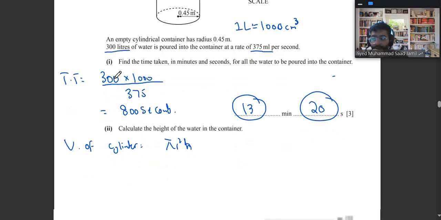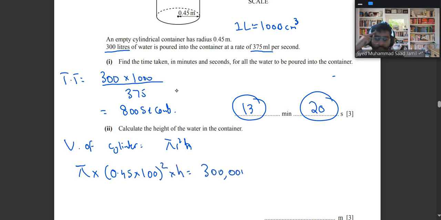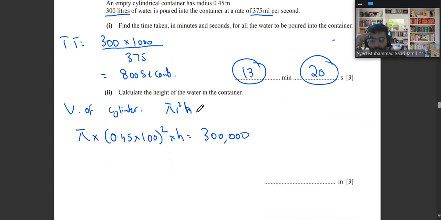That means pi multiplied by r, which is 0.45 multiplied by 100, because this is in meters and I'm changing meters into centimeters, squared, multiplied by height is equal to 300,000, because 300 liters of water is 300,000 centimeter cube.